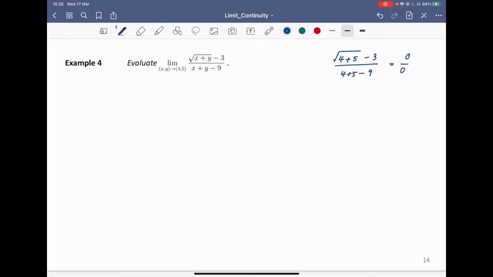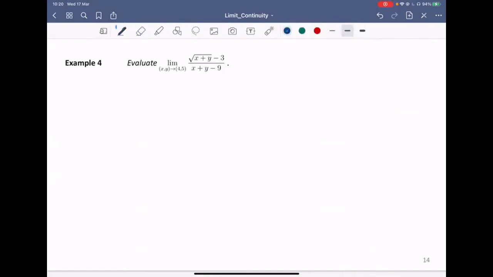And most of the time, you're going to get 0 over 0, because if it were easy, I would not give you a question to compute. So the hard case is 0 over 0. If I ask you to compute a limit, most of the time it's going to end up with 0 over 0, and then you have to use something other than just plugging in numbers.